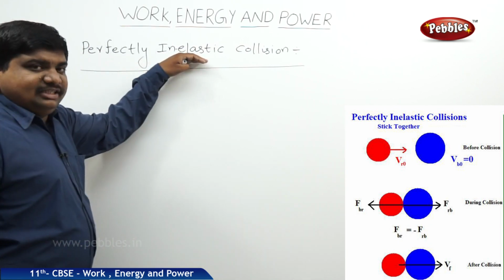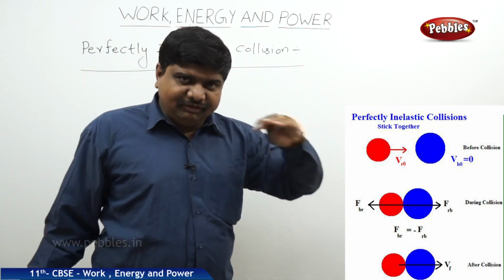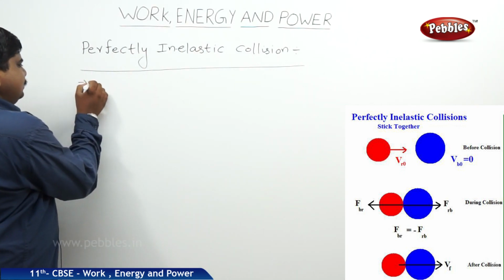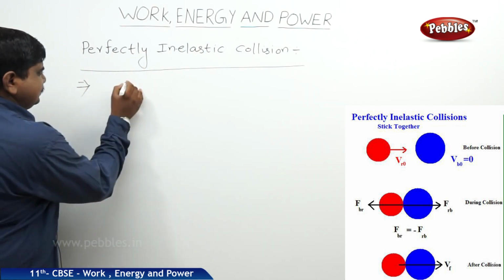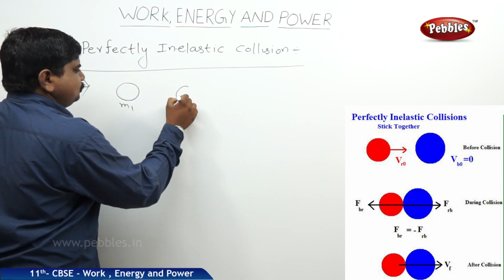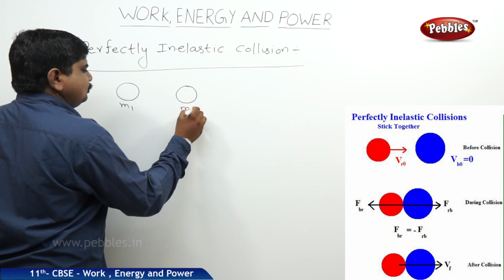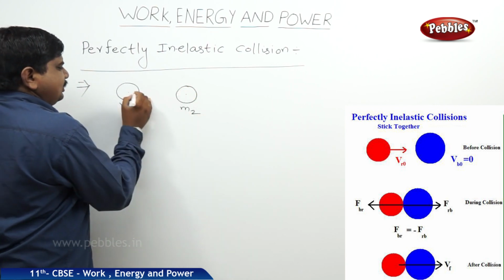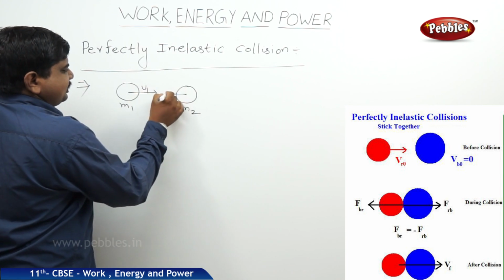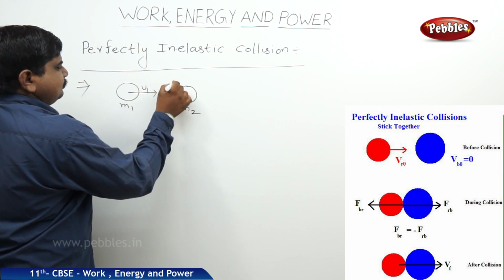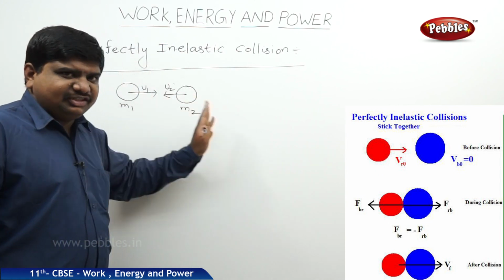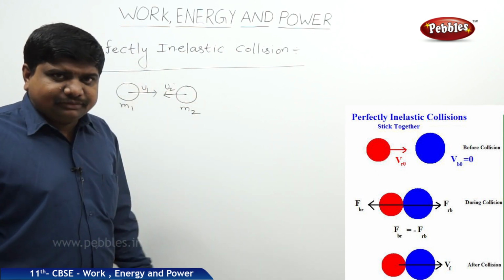In inelastic collisions, Newton's laws are invalid, and at the same time, in perfectly inelastic collision, the situation will be like this. There are two bodies of mass m1 and m2. They both are moving relative to each other with the velocities u1 and u2 respectively. They both are on the same plane but moving facing opposite to each other.